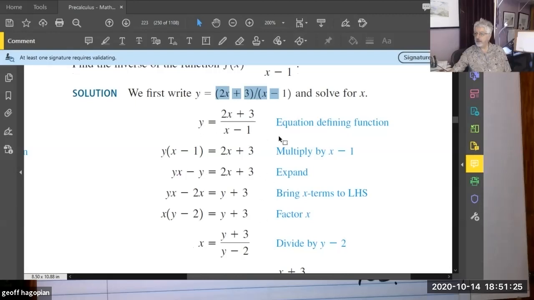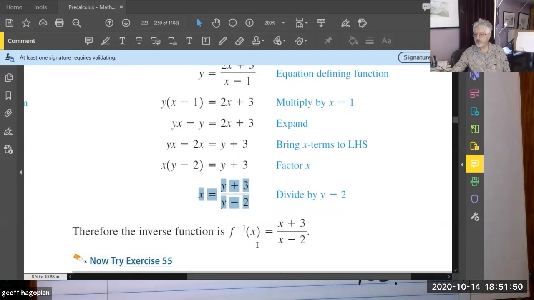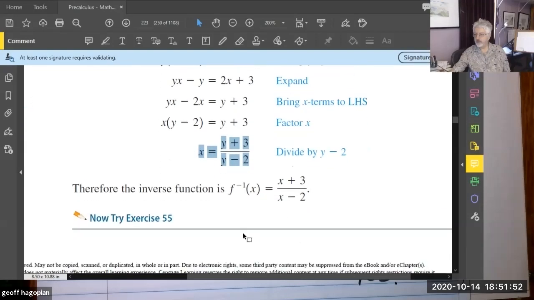You got to use the multiplication property of equality, then distribute, then use the addition and subtraction properties of equality to get the terms involving the variable x together on one side and the terms not involving x on the other side, then factor out x from the terms involving x and divide by its coefficient. So in this case, you get a nice formula for the inverse function.